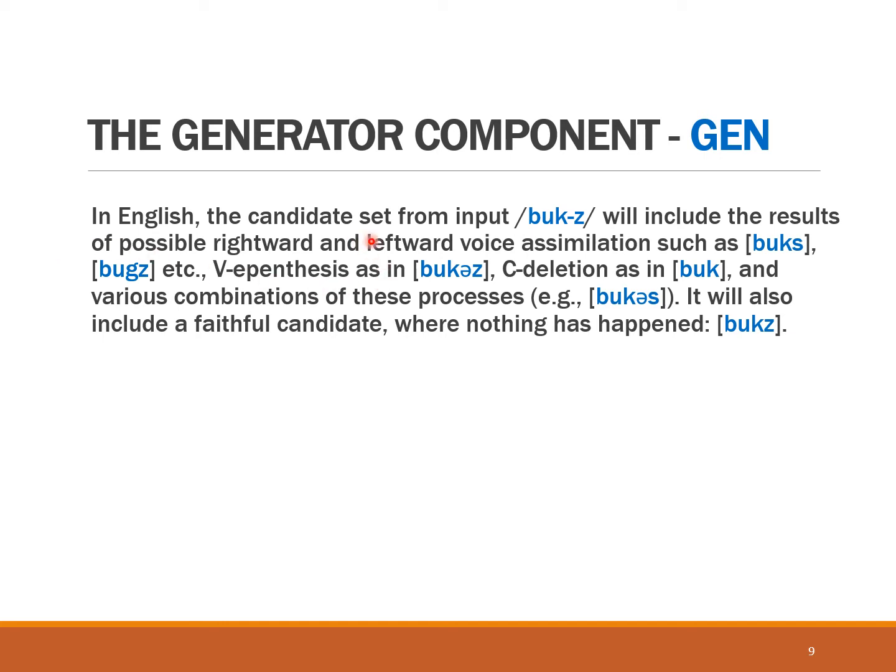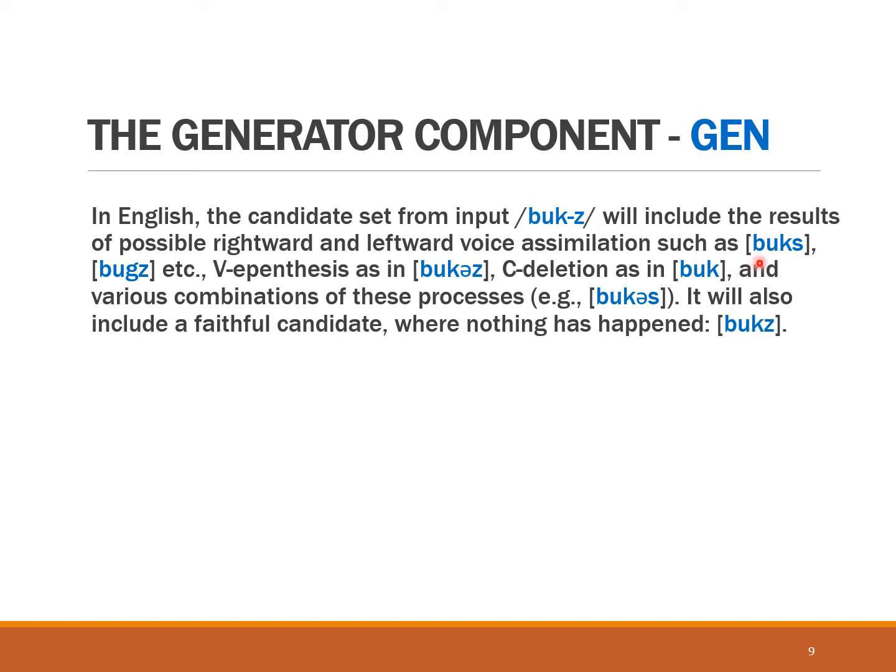In English, the candidate set from the input books will include the results of possible rightward and leftward voice assimilation, such as books, where k and s agree in terms of their voicing, both are voiceless. But in the input you can see the coda is k, voiceless, and the z, which is coming from the plural morpheme, is a voiced sound.